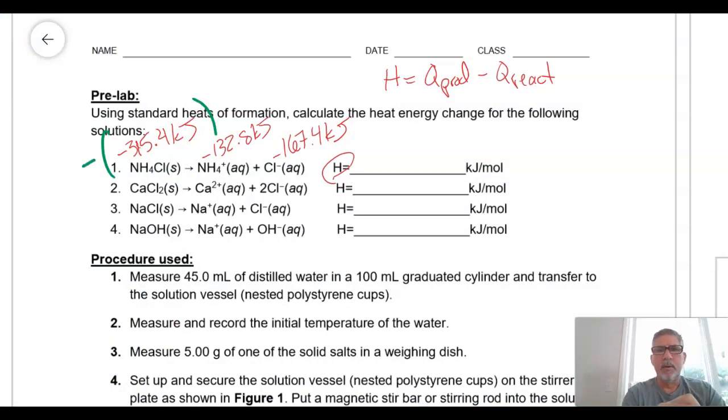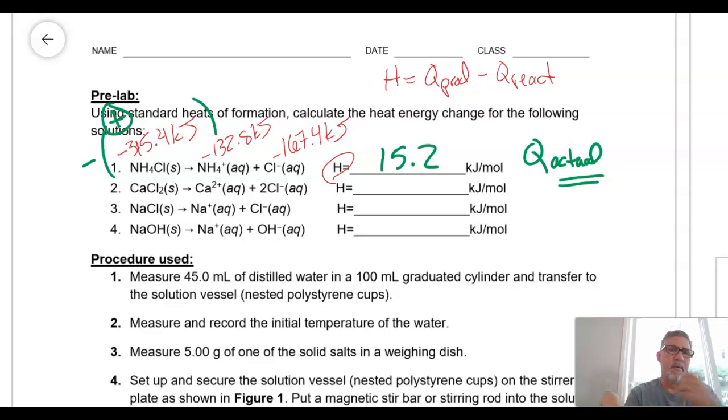Since I'm going to have to subtract it, this minus a negative becomes a positive. So if I do that, I get 15.2 kilojoules per mole, and that's going to be your Q actual. This is what we're going to use at the end for a percent error.